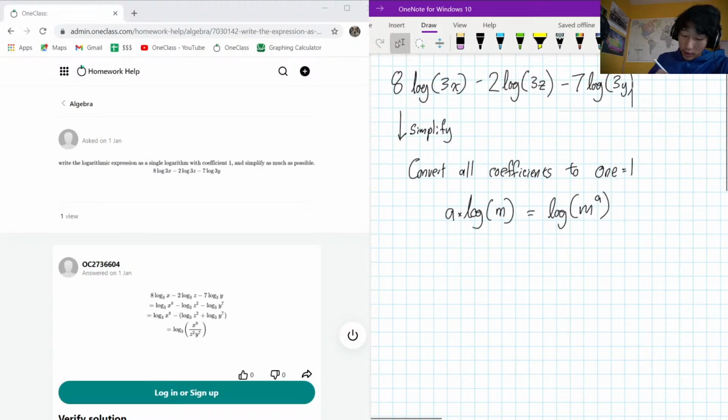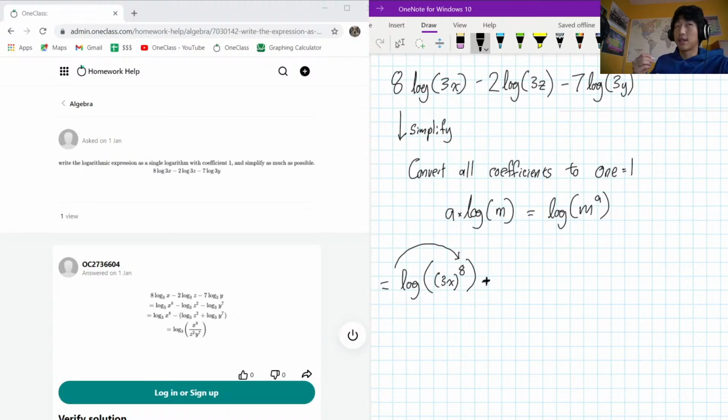Okay. So for the first term, we want to bring the 8 as the power of here. That's going to be log. Now remember, it's everything inside between the brackets of the log. So it's going to be 3x to the power of 8. The 8 came from there. Now we want to convert this to a plus. Why do we want to convert this to a plus? It will make things a lot easier. Otherwise, we're going to have multiple divisions.